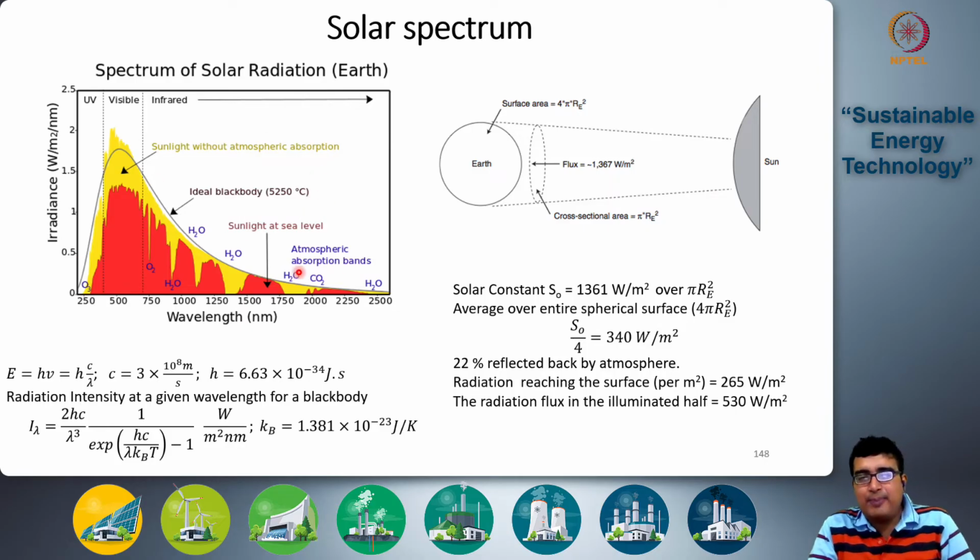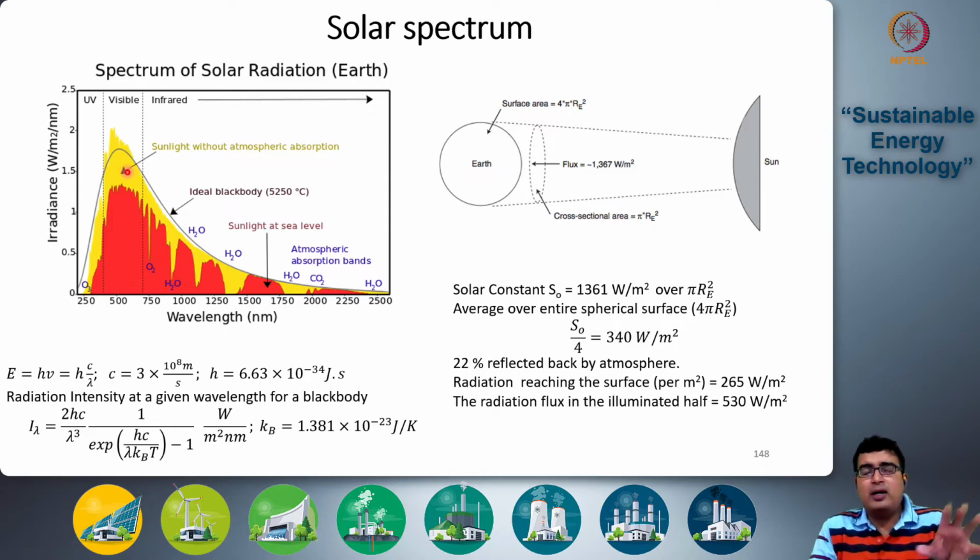So this is the ideal black body spectrum, and you can see that the solar flux distribution with respect to wavelength, in terms of watt per meter square nanometer, is very close to this ideal black body spectrum. Now, this total flux is separated out into a yellow zone and the red zone.